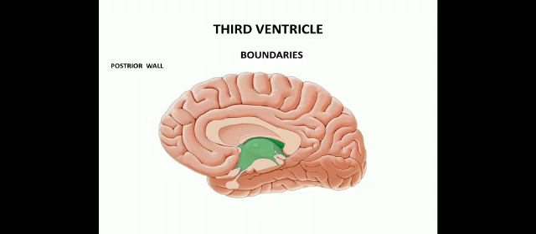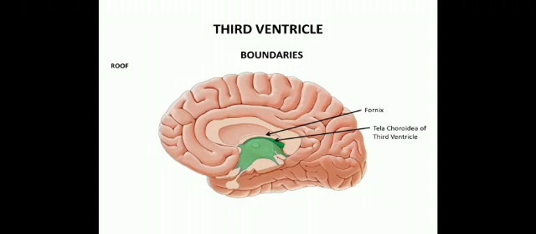The posterior wall is formed by the pineal body, the posterior commissure and the cerebral aqueduct. The roof is formed by the body of the fornix and the ependyma lining the under surface of the tela choroidea of the third ventricle.